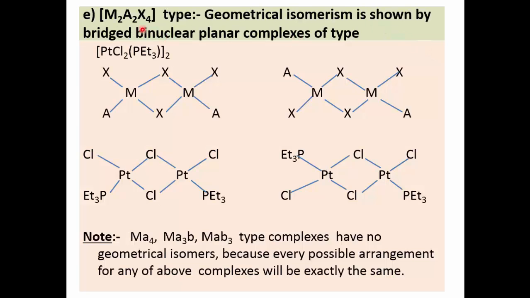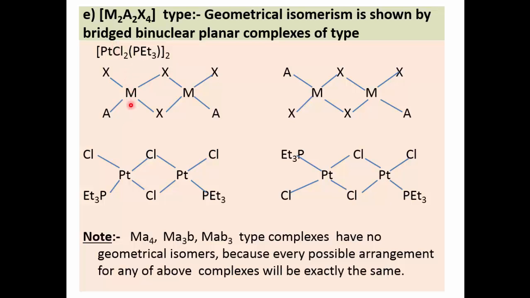Next one, M2A2X4 type. That means geometrical isomerism observed in bridged binuclear planar complexes. So in case of these complexes, there are 2 nuclei present and we observe a bridge in these complexes, therefore bridged binuclear planar complexes.